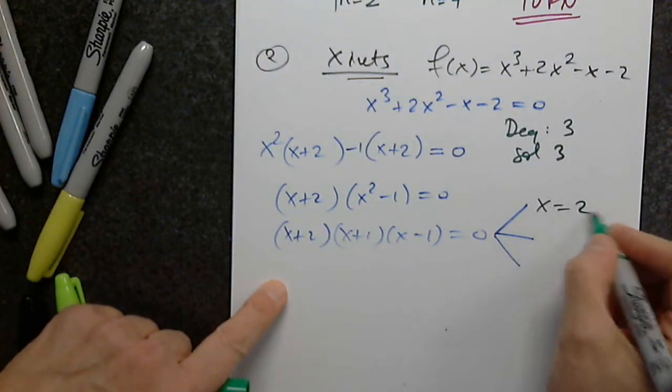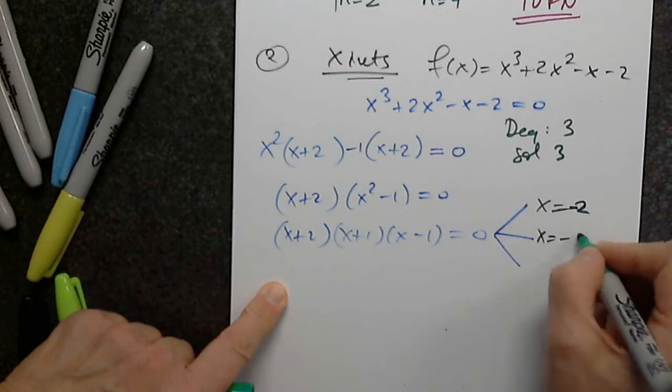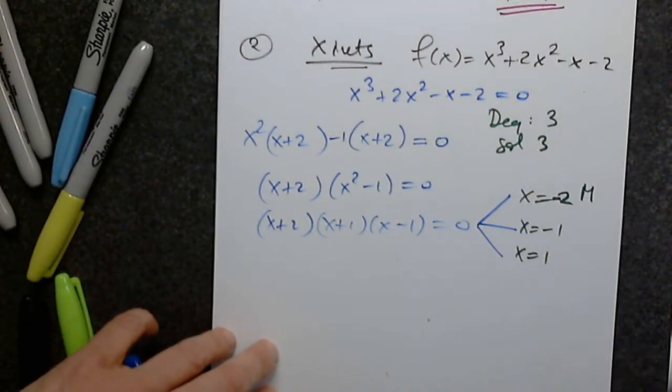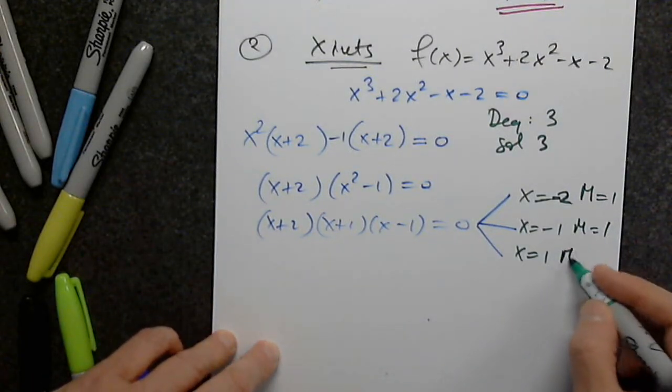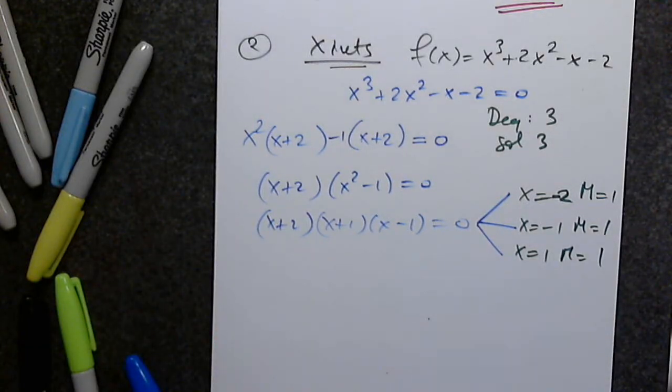Excellent. -2, -1, and 1. Multiplicity for -2: 1. Multiplicity for -1: 1. Multiplicity for 1: 1. So, at all these points, the function will turn or cross. What will it do? Straight cross. Nothing fancy.